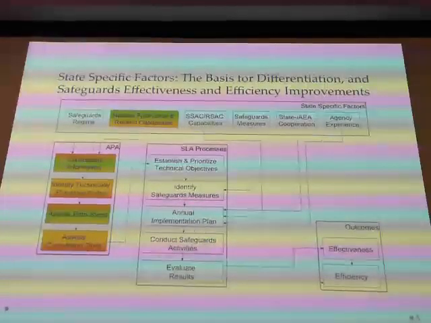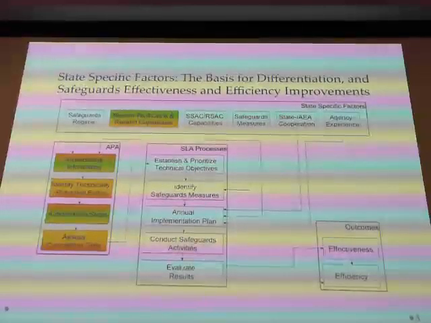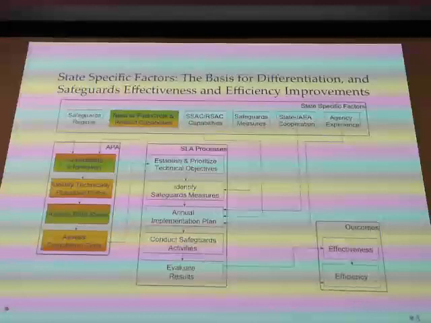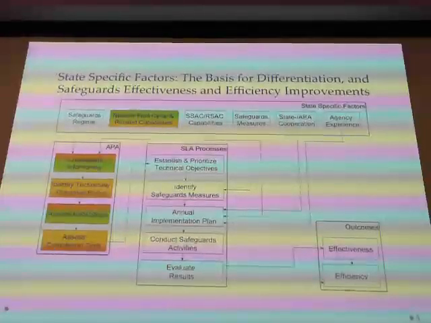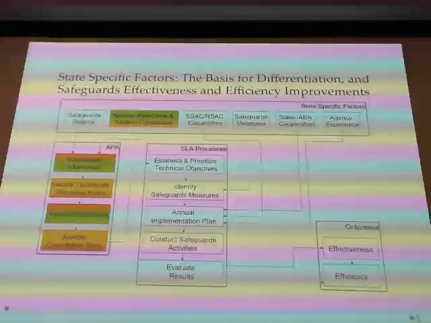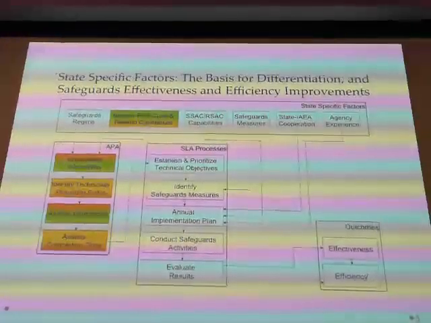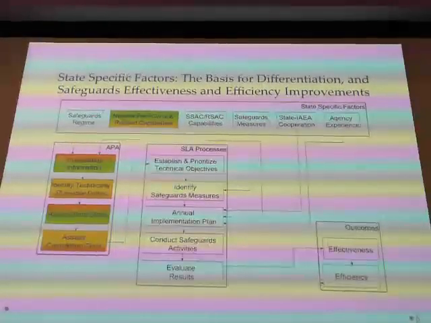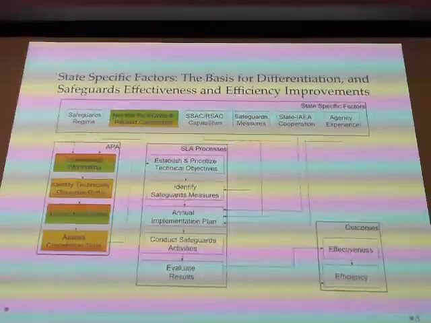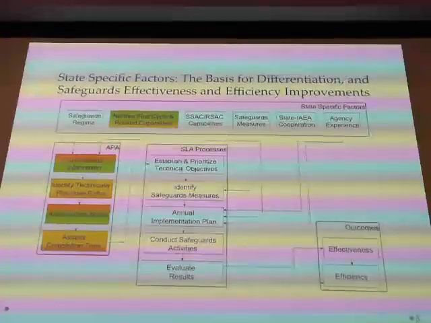Of course, the opposite would be true if you have a highly sophisticated state without an additional protocol, or maybe they've had some incidents of past non-compliance in their history. For those states, you would not think about relaxing safeguards requirements for obvious reasons. And so the whole goal here is to use these state-specific factors to achieve these effectiveness and efficiency gains.